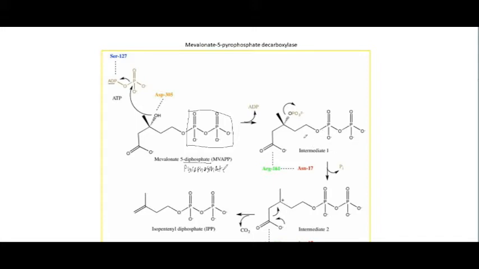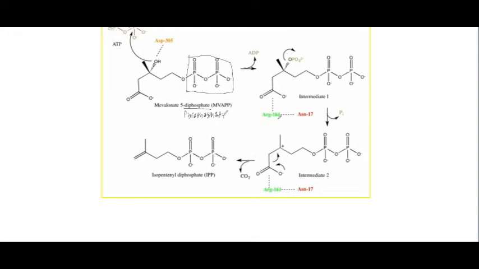What happens here is this phosphate on here being able to leave is a favorable reaction because these are high energy bonds, these phosphate bonds. So that leaves and allows us to generate this carbocation here.